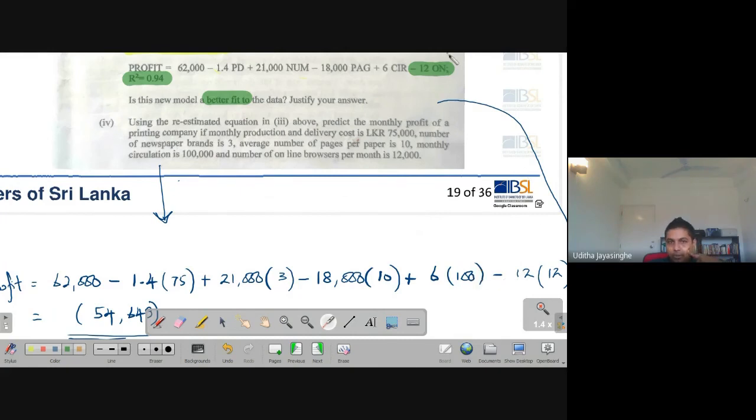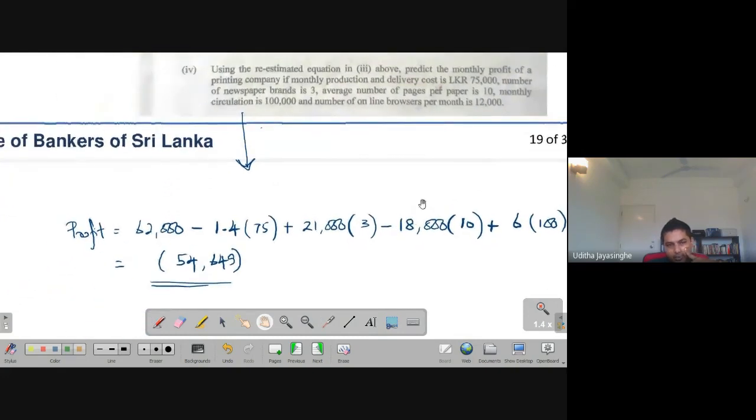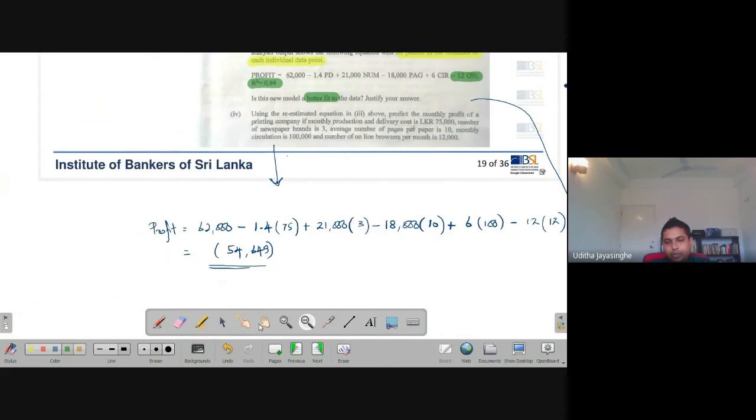This ON is the new variable we just brought in, also in thousands. The number of online browsers is a huge number. It's not 12,000, it's going to be 12. That's the careful application of the equation, and you get a profit of 54,649. That's the answer. It's a prediction, no explanation needed.